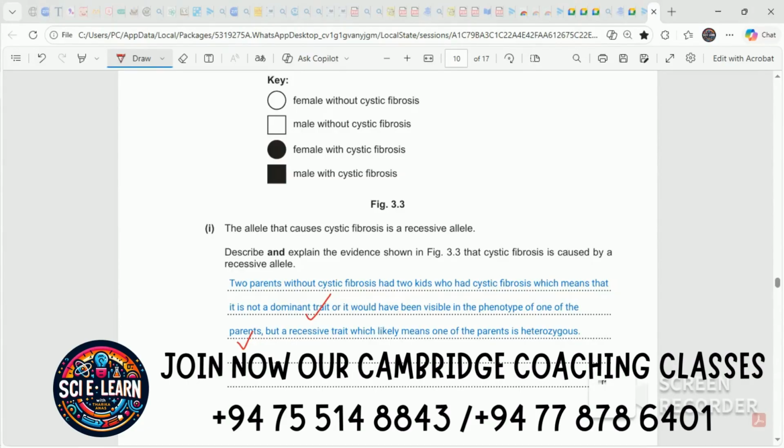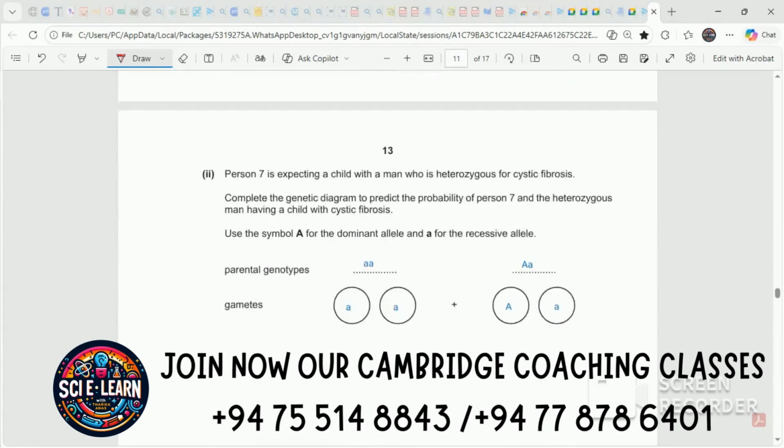You're correct. Yes, someone has to be heterozygous. That's why it is visible in the kids, and it is recessive because it is not visible in the parents. Good. 2 out of 2 marks for this.